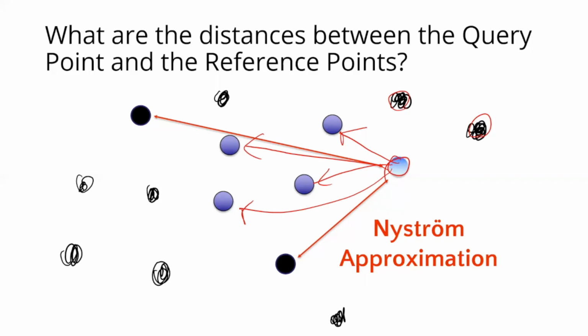And once you know this, you can automatically approximate the distance from the query to all the other black dots over here. When you have 4 pivots and only 2 reference points, it sounds kind of a dumb thing to do the Nystrom approximation to approximate the distance to those 2 points. But when you have thousands of reference points, that's where Nystrom approximation starts to be really powerful.